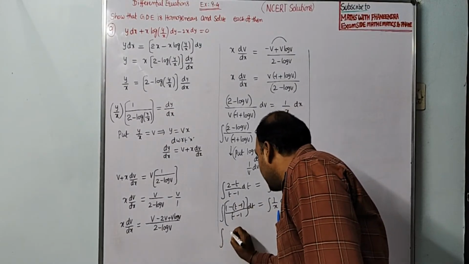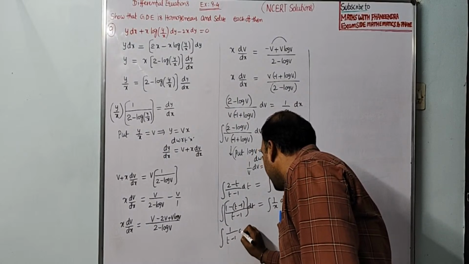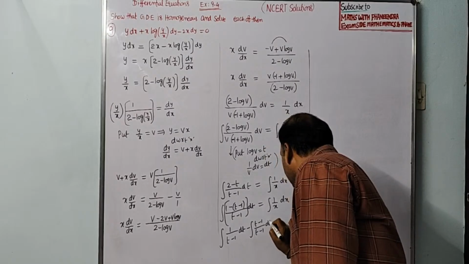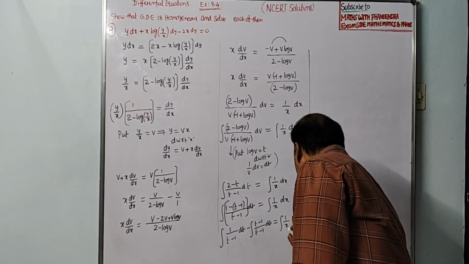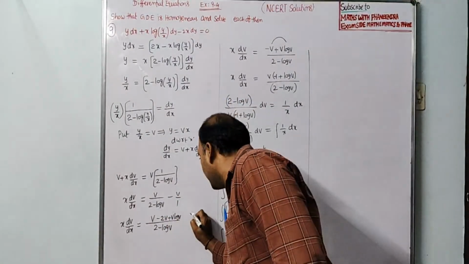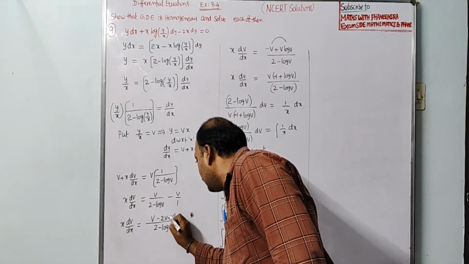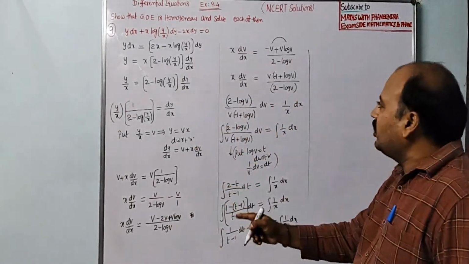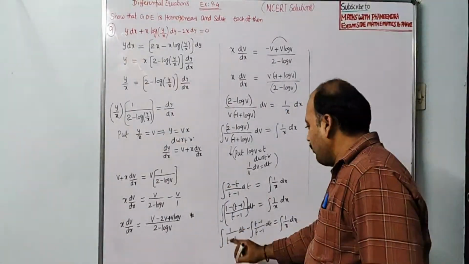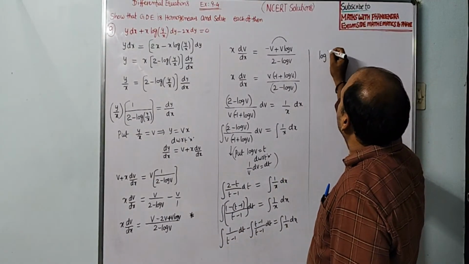We can split into terms: integral 1 by t minus 1 into dt, minus integral (t minus 1) by (t minus 1) into dt, equals integral 1 by x dx. This is the important step. Here only we forgot; in place of plus, I wrote minus. That is the reason we are getting difficulty. Integral 1 by t minus 1 is log mod t minus 1.